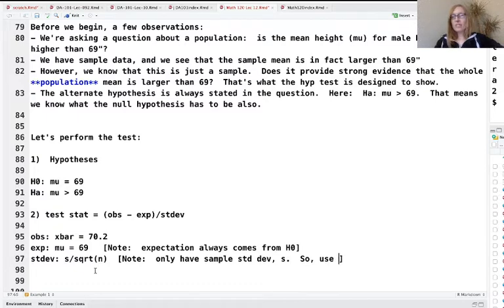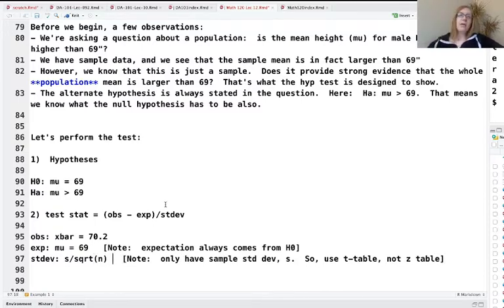So use the t-table, not the z-table. And that's just the same as last week when we did confidence intervals for mu.